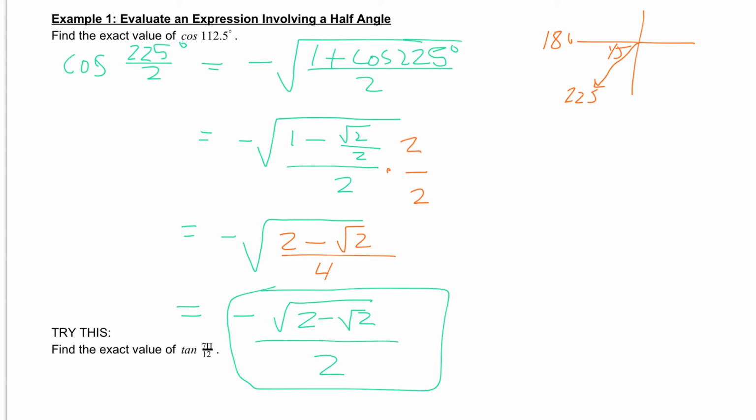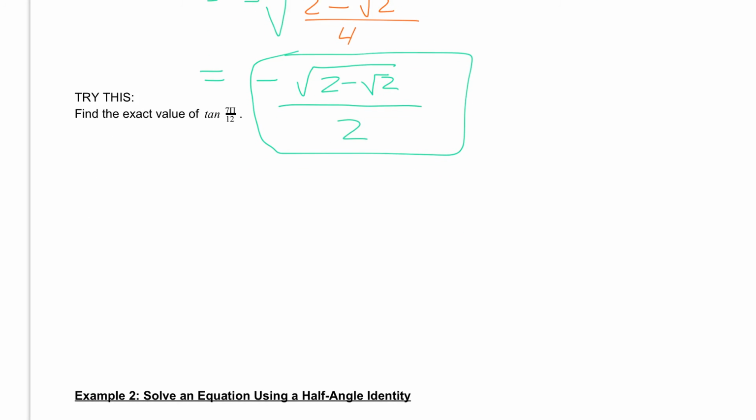Otherwise, I'd like you to try the next one, and I'm going to help you get started with it. We want to find the exact value of the tangent of 7 pi over 12. So we need to change this to a half angle identity. Just like we did before, we would multiply 7 pi over 12 by 2.